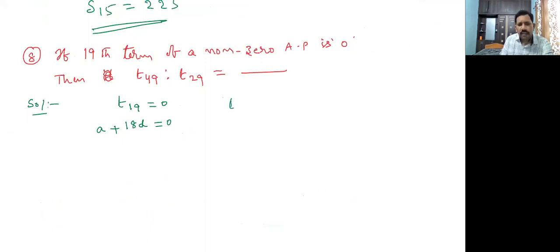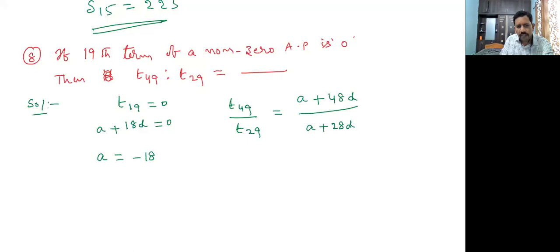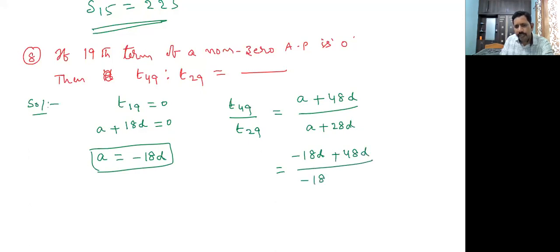Here they are asking T49 ratio T29. That means T49 divided by T29. T49 means how to write? a plus 48d divided by a plus 28d. Here, what is the a value? Minus 18d. This value substitute here. Minus 18d plus 48d divided by minus 18d plus 28d.